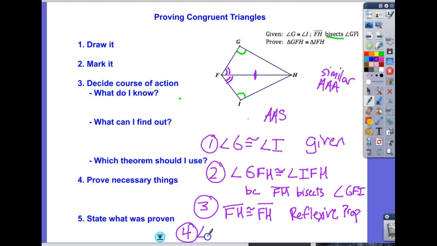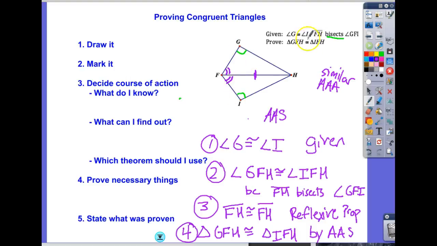So then I can say triangle GFH is congruent to triangle IFH by AAS.